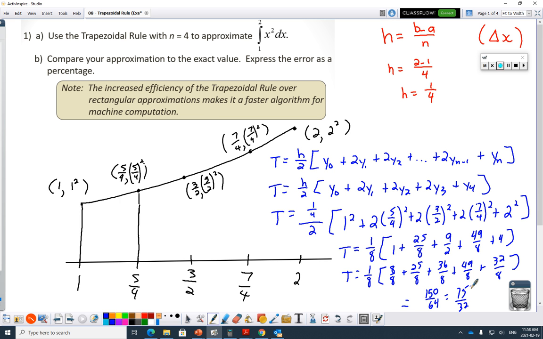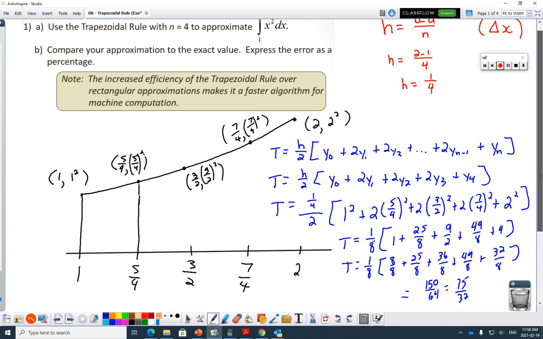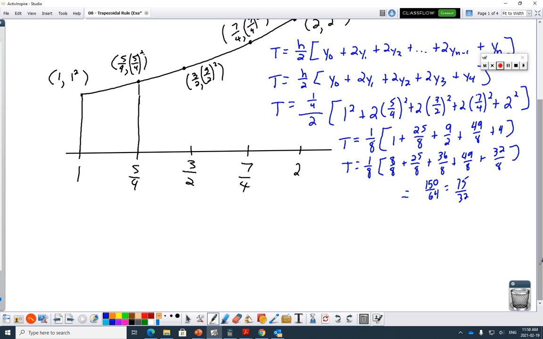But anyways, B, compare your approximation to the exact value. Oh, a little practice on regular integrals here. So B, exact value.